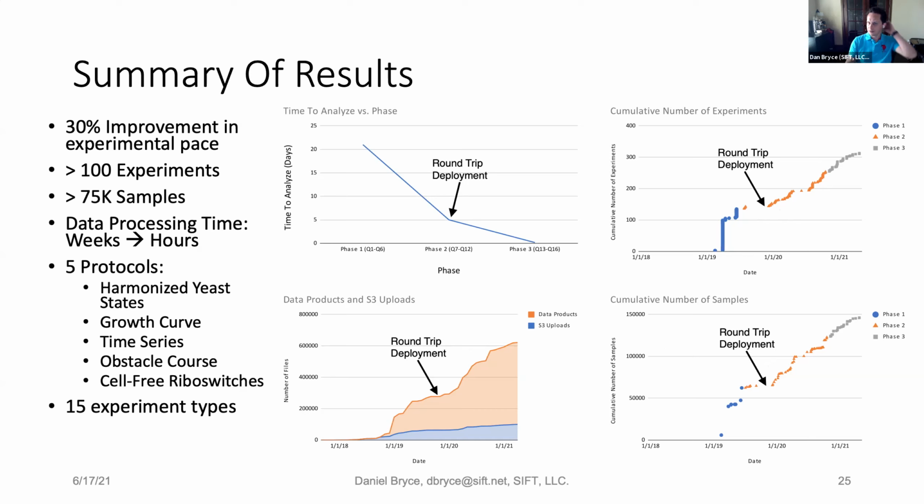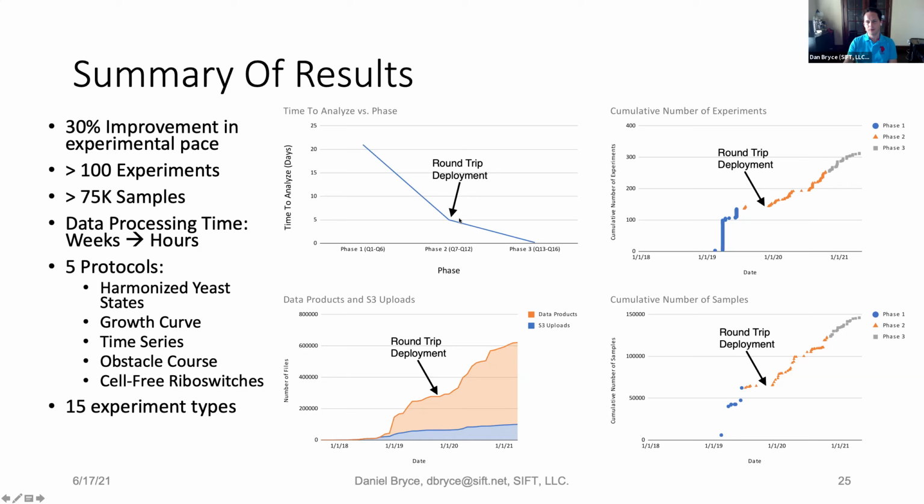What this ended up doing for us is that, from the previous manual process, it took us about 3 weeks to do an analysis on an experiment. When we first deployed the round trip, it took about a week, because there was still some manual analysis on the back end. We had the experiment submission part automated, but the experiment analysis side wasn't completely finished.